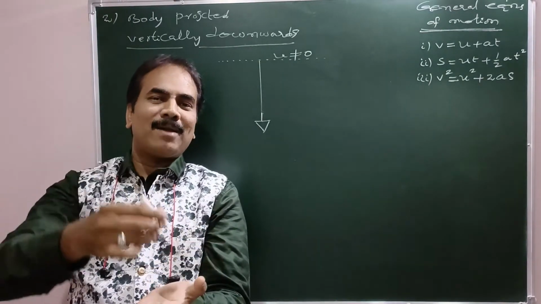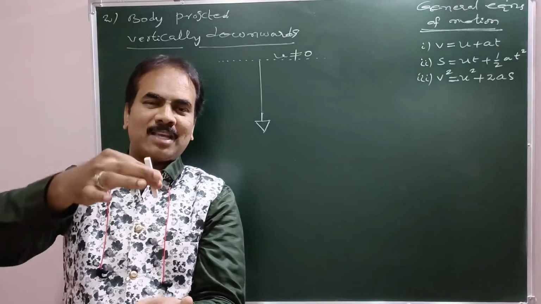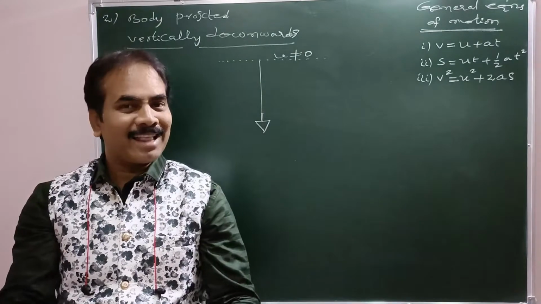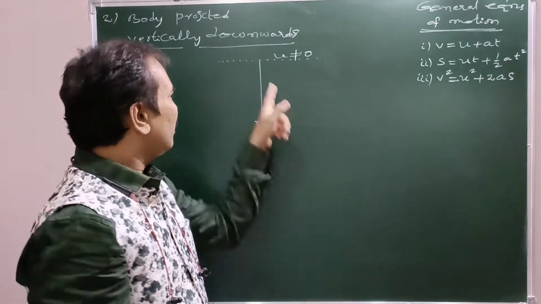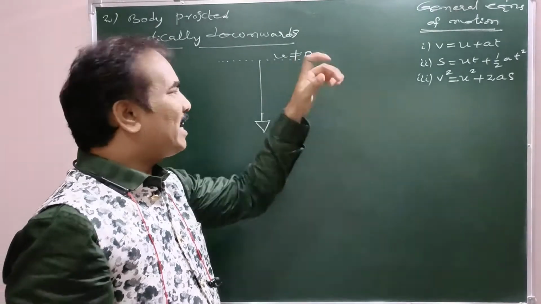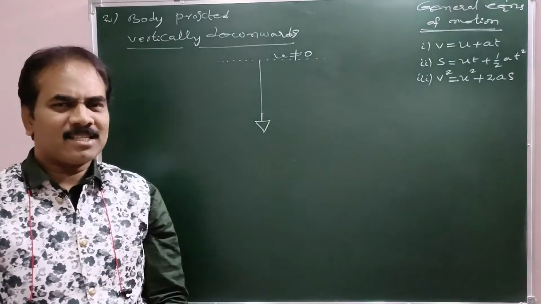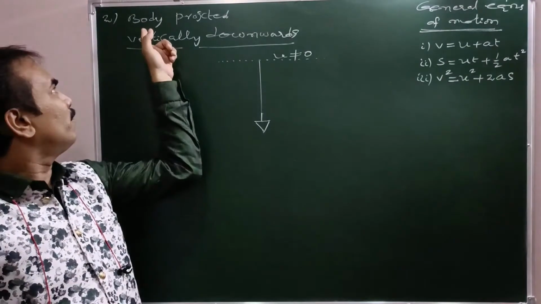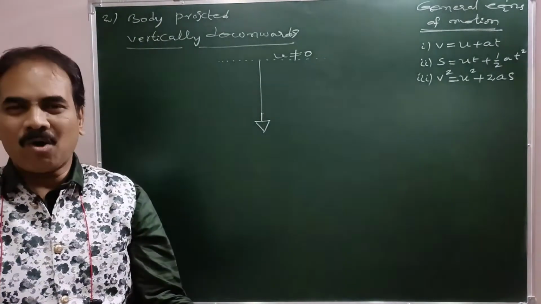So the initial velocity is non-zero. Here u is not equal to 0, meaning there is some finite initial velocity, so the body is projected vertically downwards.